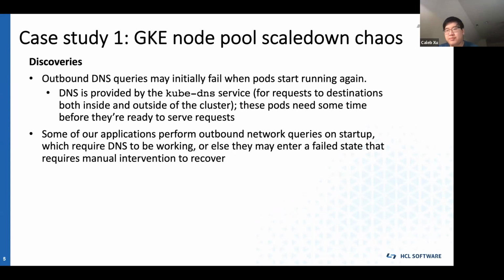We also went to the team that was making this application and said, maybe this is something you can look into for your application startup process. You can't just assume that you have outbound network connectivity when you start. In general, this challenged some of our assumptions, right? You would think that when Kubernetes schedules a pod onto a node, everything is ready to go.